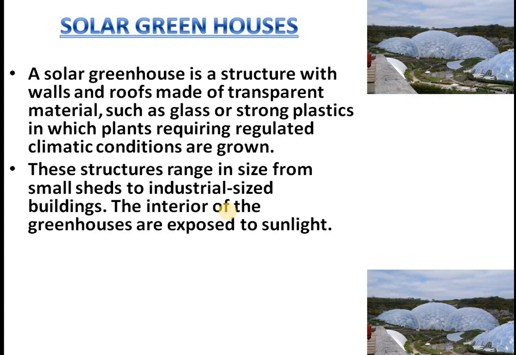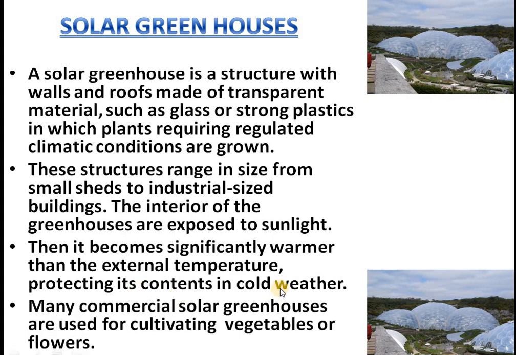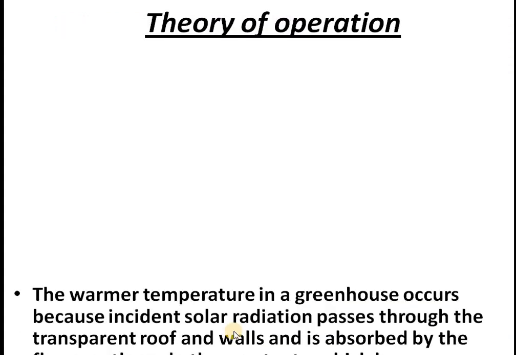So depending on the requirement, the size can vary. Usually it is exposed to sunlight. That is a very primary requirement for running a greenhouse. And it becomes significantly warmer than the external temperature. That is the very purpose. And we know it is used to cultivate vegetables and flowers.